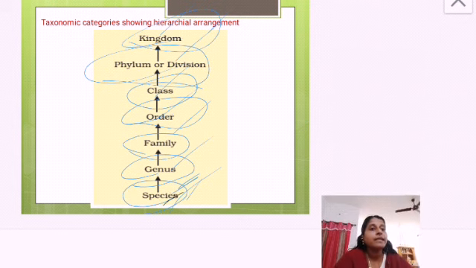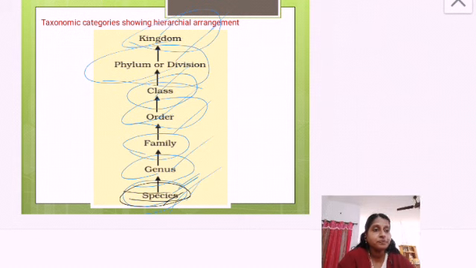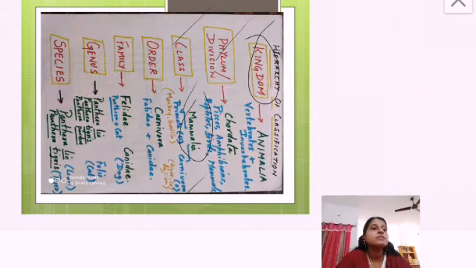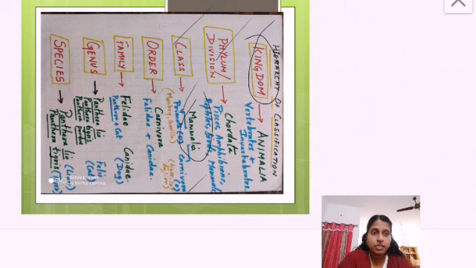So similarities are more in the lower categories. As you go higher, the similarities reduce and the differences increase, but they still resemble each other in some way, which is why they are put into those categories. Hope this is clear. These are the taxonomic categories, or hierarchy of classification.